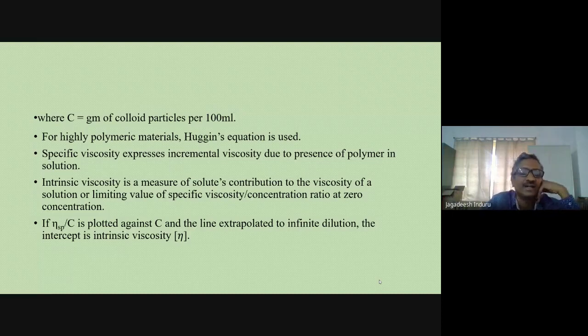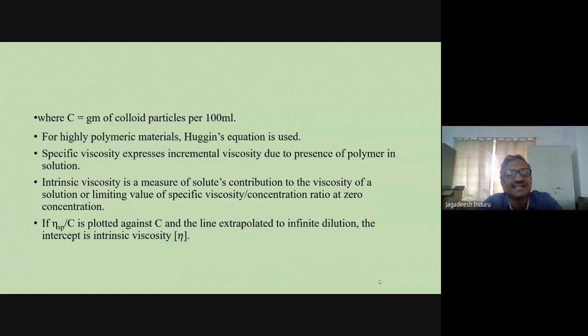Why are we going to determine this parameter? That is the question you are having in mind. We have already got relative viscosity, specific viscosity, reduced viscosity, and intrinsic viscosity.